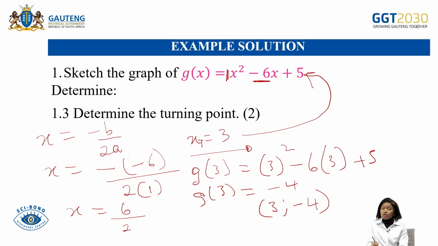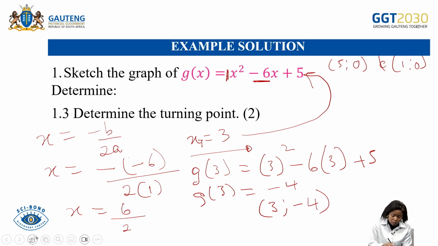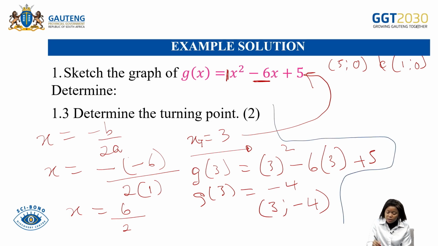So you can either use this method, or since you already have the x-intercept, you can just add the values of the x-intercept and then divide them by 2. Ne? We have the first value of the x-intercept, which is 5 is to 0. And we have another one, which is 1 is to 0, right? Let me use a different color so it doesn't confuse you. So we can just create a space here.